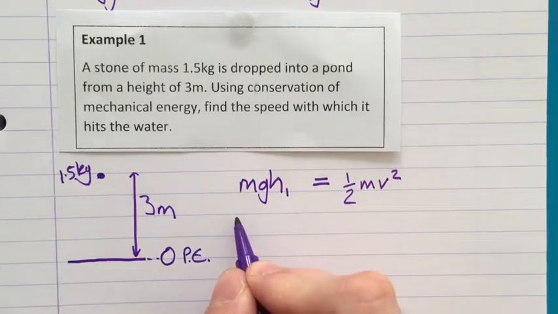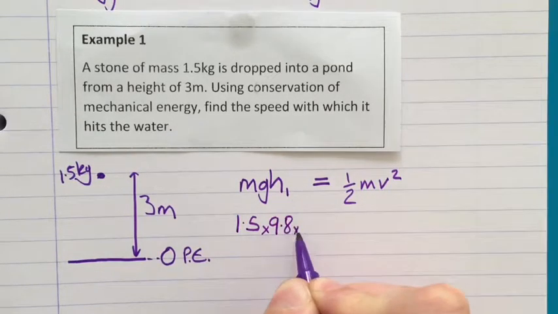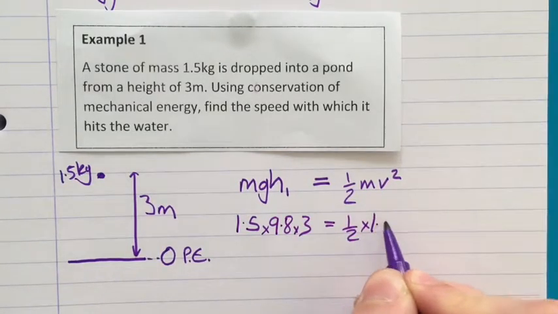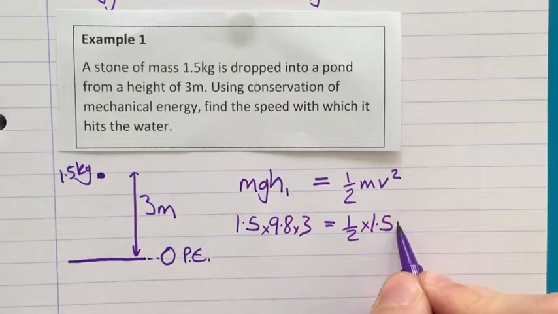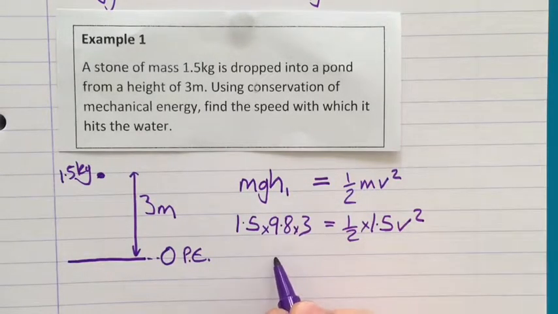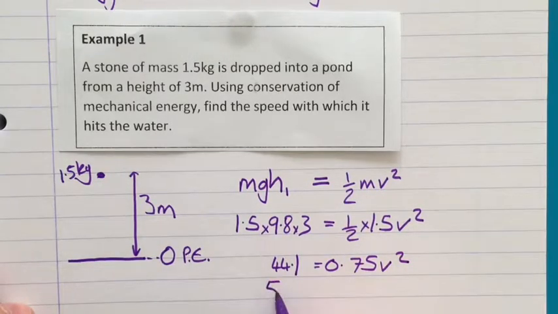So we have 1.5 times 9.8 times 3 equals a half times 1.5 v squared. Working this through, we get 44.1 is equal to 0.75 v squared. So 58.8 equals v squared.